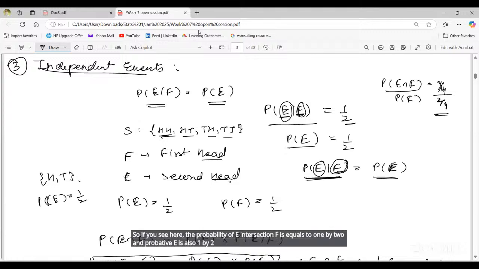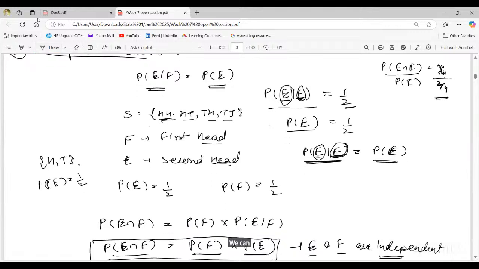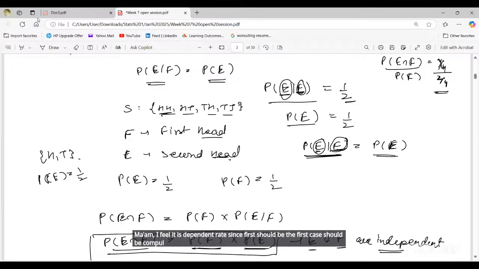So we can state that F is independent of E, like the occurrence of E is not depending upon F. Ma'am, it is dependent, right? Since the first case should compulsorily have a head.